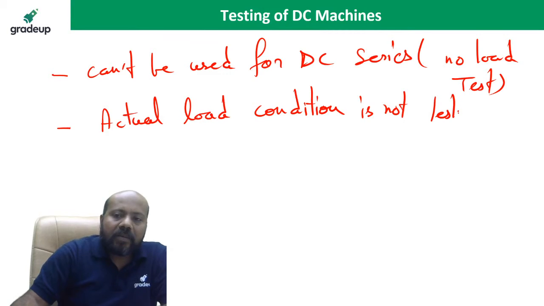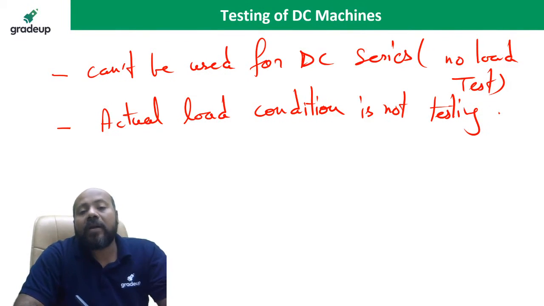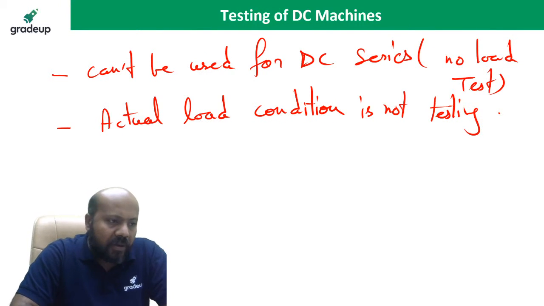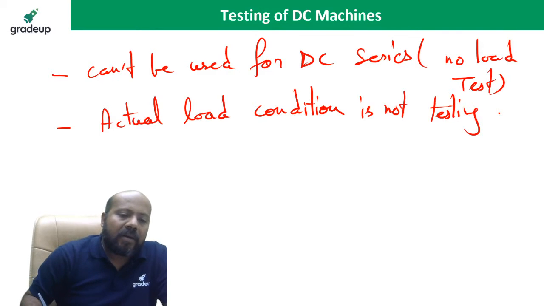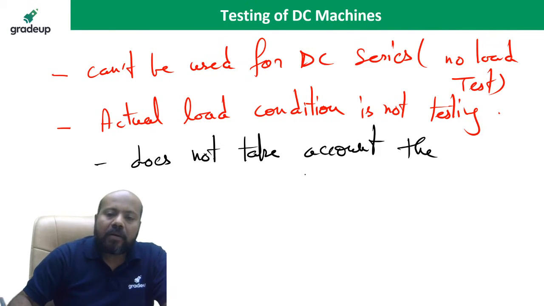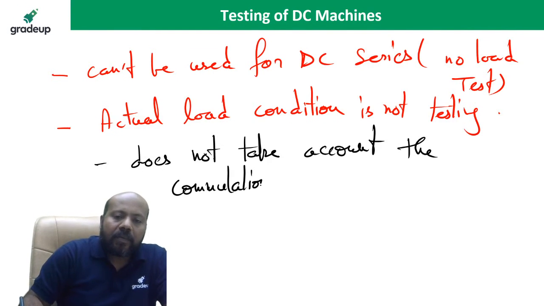You are not testing the machine at actual load condition, and you are simply calculating the losses. You are assuming the losses by using the equations. It means it does not take into account the commutation and armature reaction.